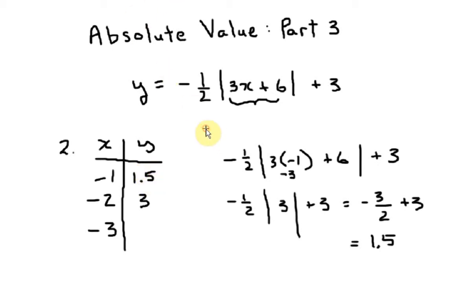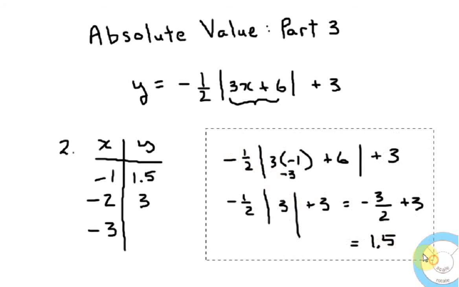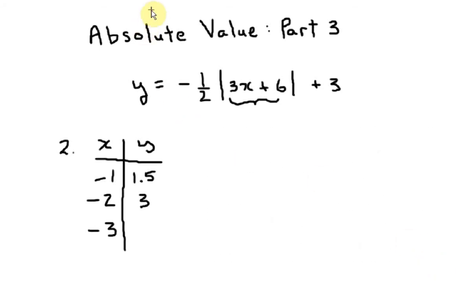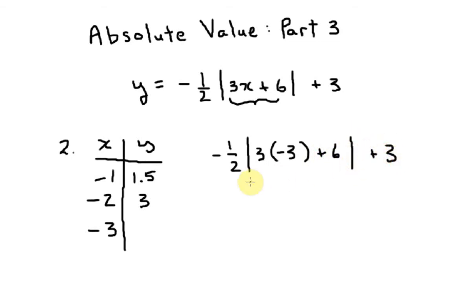Okay, let's make a little room here for the next one to analyze, and that is if we're going to plug in negative 3. So we're going to get negative 1/2 absolute value of 3 times negative 3 plus 6, and plus 3. And some of you probably suspect we're going to get the same y value because of the symmetry of the graph.